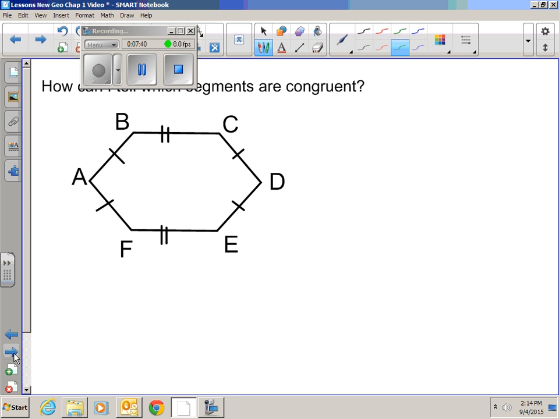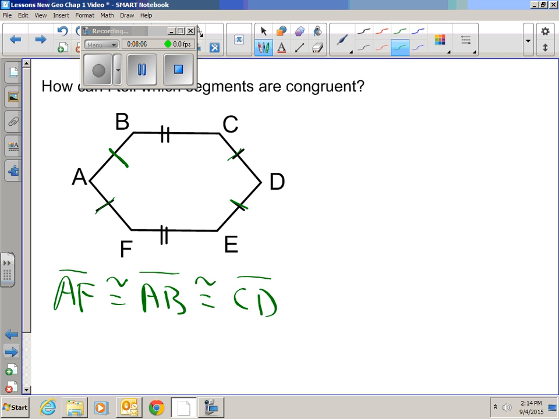One more quick thing you need to know, and then we're done. When I draw a picture and I have segments that are marked with these little tick marks, these green tick marks mean that segment AF is congruent to segment AB, which is also congruent to segment CD, which is also congruent to DE, because all of those have 1 tick mark.